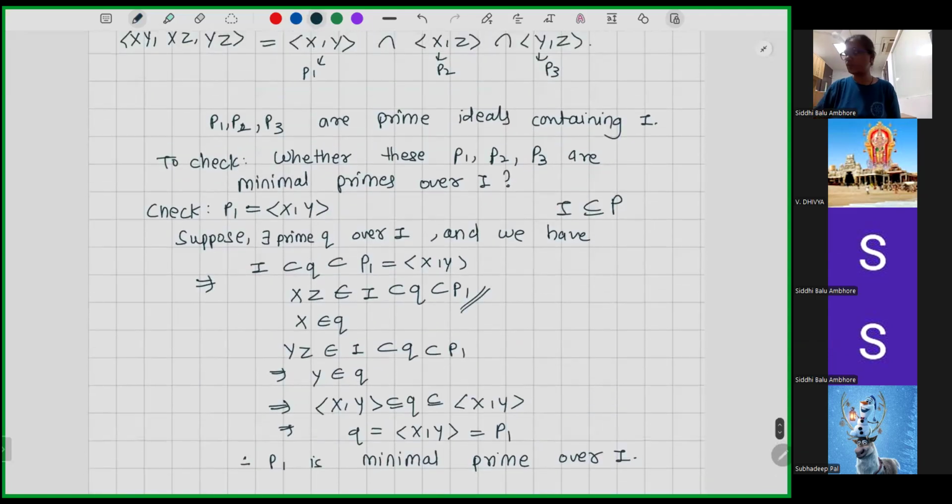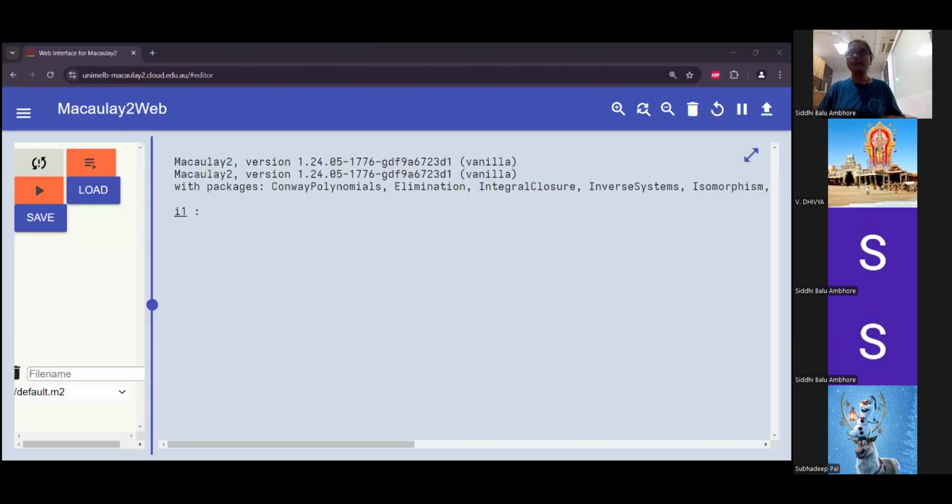I would like to share the screen and show you the code in Macaulay2 to calculate minimal primes. Okay, so since we had this ring, I hope you can see this screen. S equals Q[x, y, z]. This is my ring.